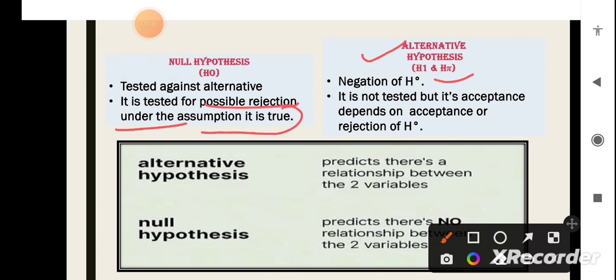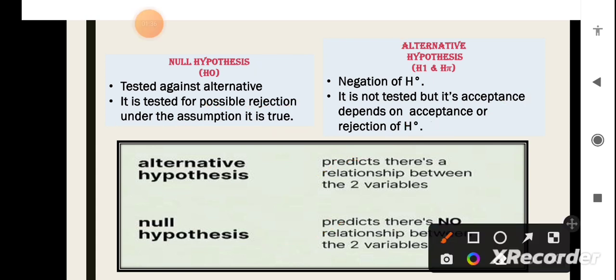This hypothesis is not tested, but its acceptance or rejection depends on the rejection and acceptance of the null hypothesis itself. The null hypothesis predicts that there is no relationship between the two variables, whereas the alternative hypothesis predicts that there is a relationship between the two variables.